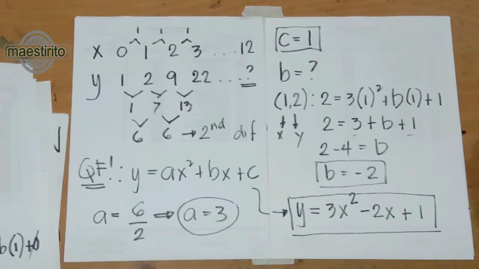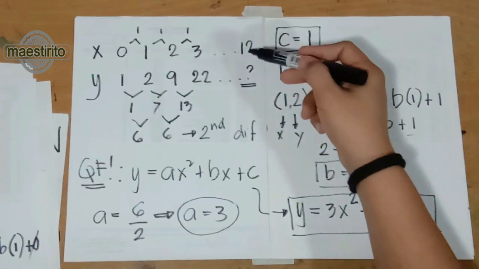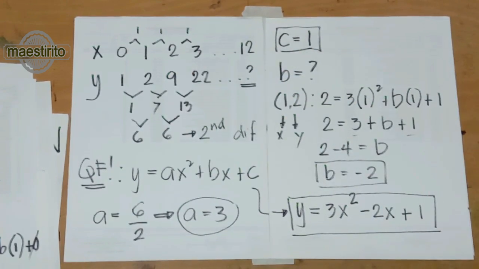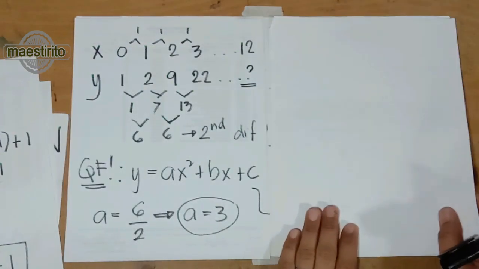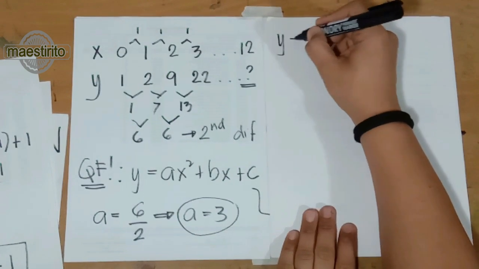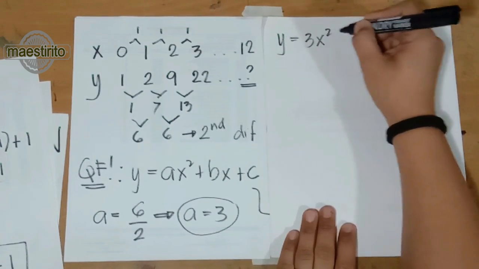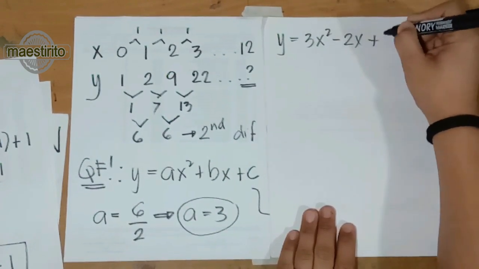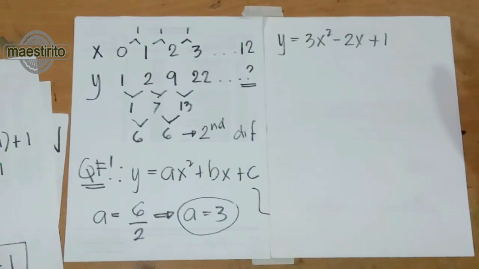There. Okay? Now, let us solve that problem. So, let me rewrite the model for this problem again, which is y is equal to 3x squared minus 2x plus 1.